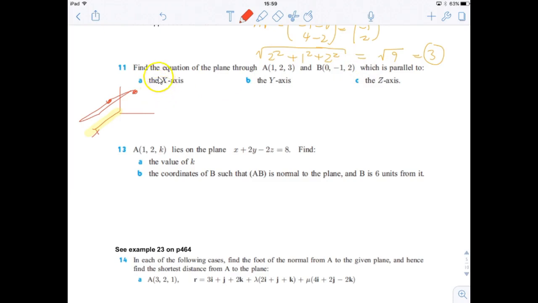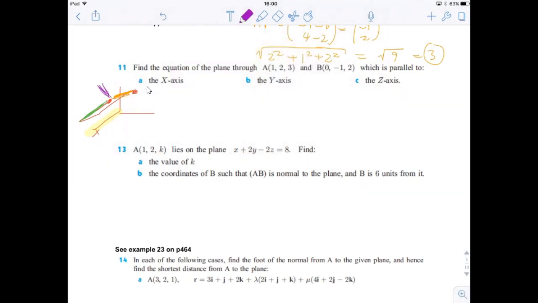The jump you have to make here in thinking isn't really obvious, but if you drew a vector parallel to the x-axis on your plane, and then drew perpendicular to the green and the orange vectors, I would get a normal, right?